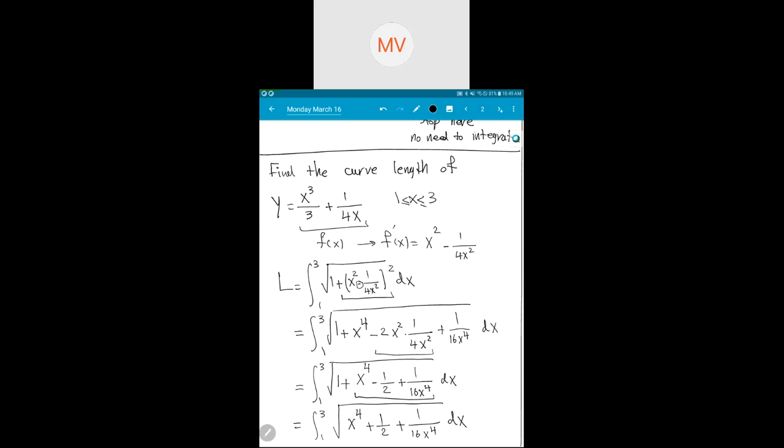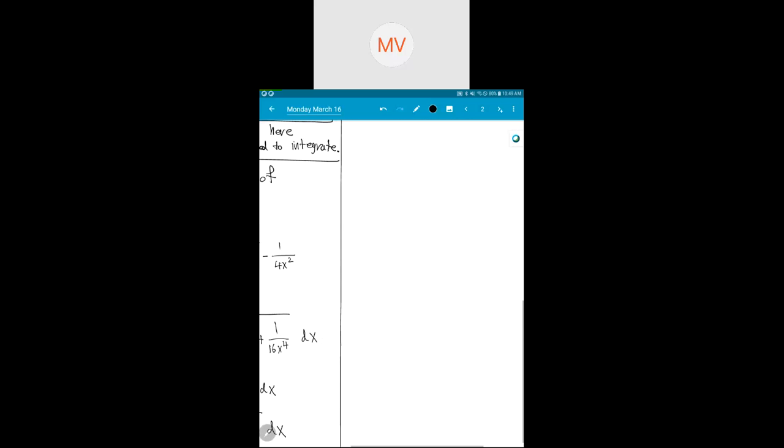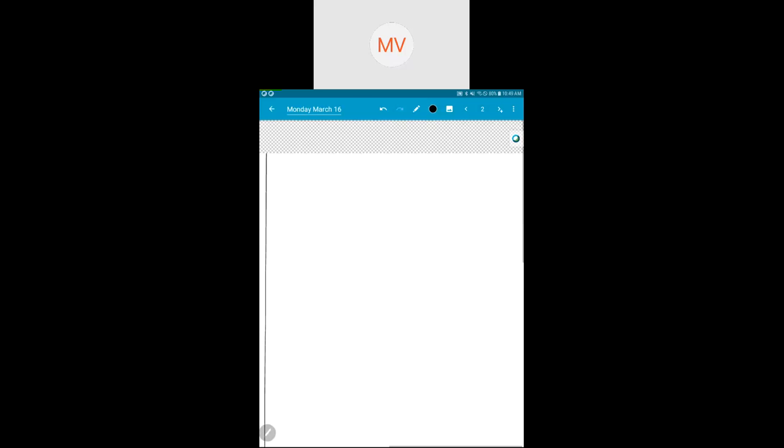Okay? Now I'm going to ask you guys a question. Let me go to the next column and write the same expression. So we ended up with L equals integral from 1 to 3 of the square root of x to the 4th plus half plus 1 over 16 x to the 4th, dx.